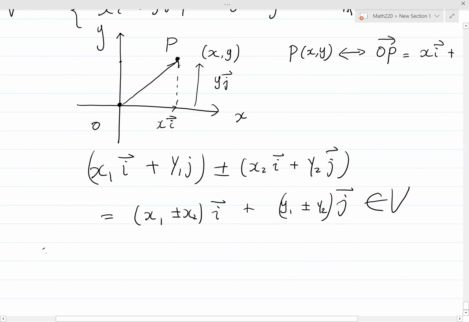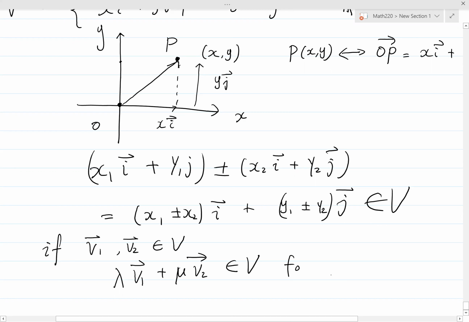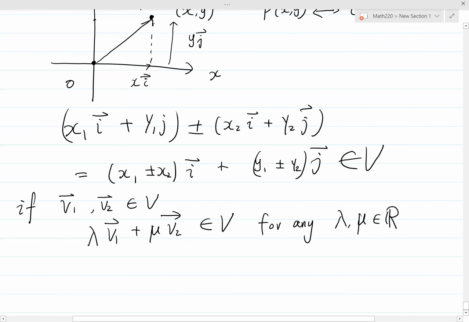So you can check that if any v1, v2 lie in this space V, then lambda v1 plus mu v2 lies in this space V again, for any real numbers lambda, mu. This is called a linear combination of two vectors.